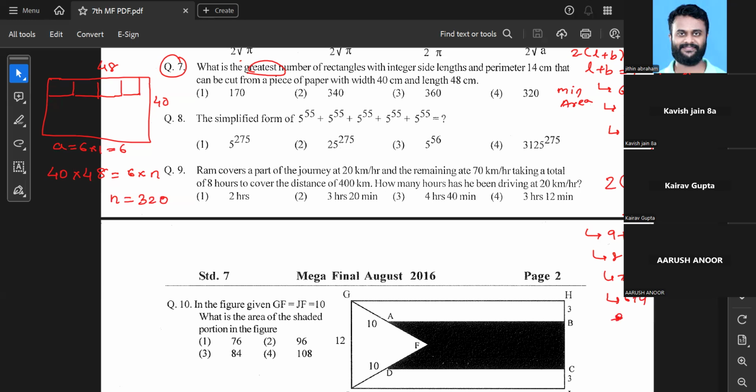So these 4 would have been my possibilities. But I'll start from the minimum only because I require the greatest. Every time I have to start with minimum. If 9 into 1 is not working out as per the options, then only I will look for the next possibility.